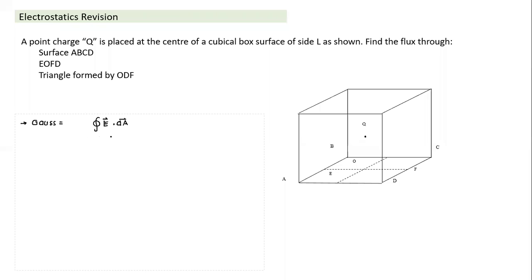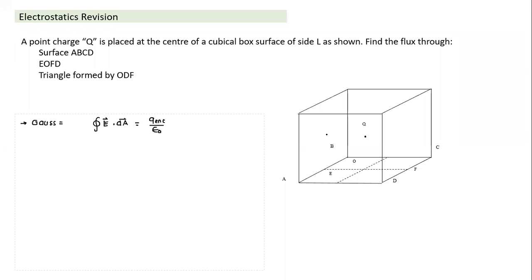You have to take a closed surface, then only it is valid. It's equal to the electric field flux through a closed surface due to all charges present in the space, and it is equal to the charge enclosed divided by epsilon naught.